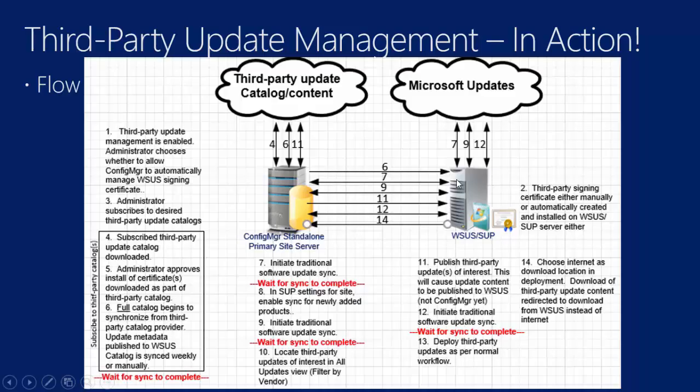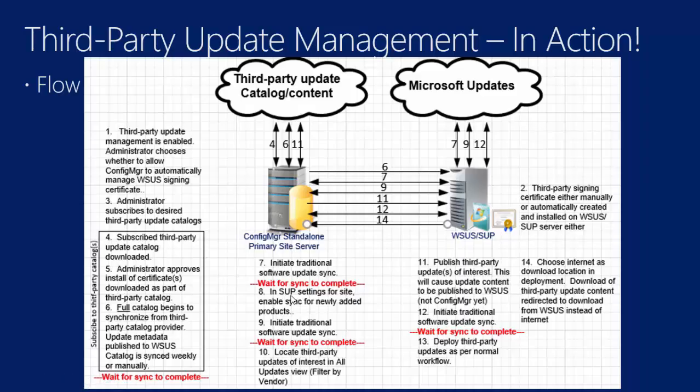This step 7 is simply synchronizing between the two to say, hey, there's additional products now that are in the WSUS database that you could, if you want to, choose, right? So once we get done with this, then the software update selection of products will include those third-party updates. And then step 8 will be go in and choose whichever products you want.